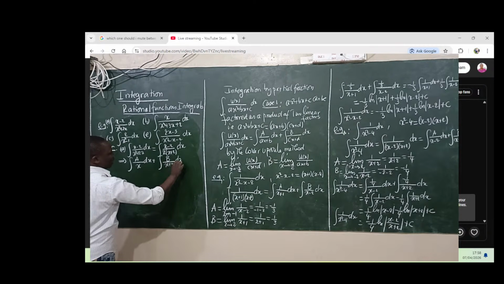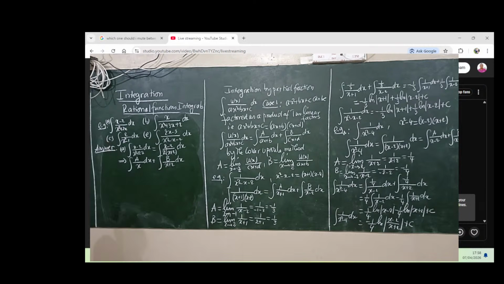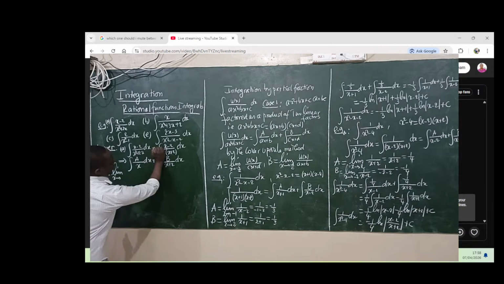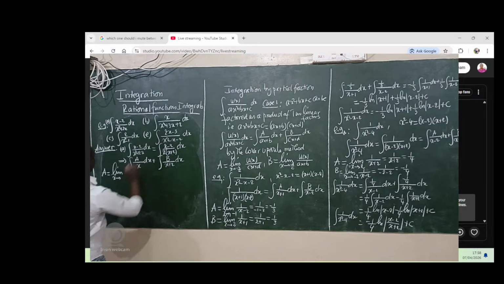Okay? Now, the question is, what is the value of a? The value of a will be given by the limit as x approaches. As I told you, we are going to hide this factor and we'll be left with x minus 2 by x plus 2.